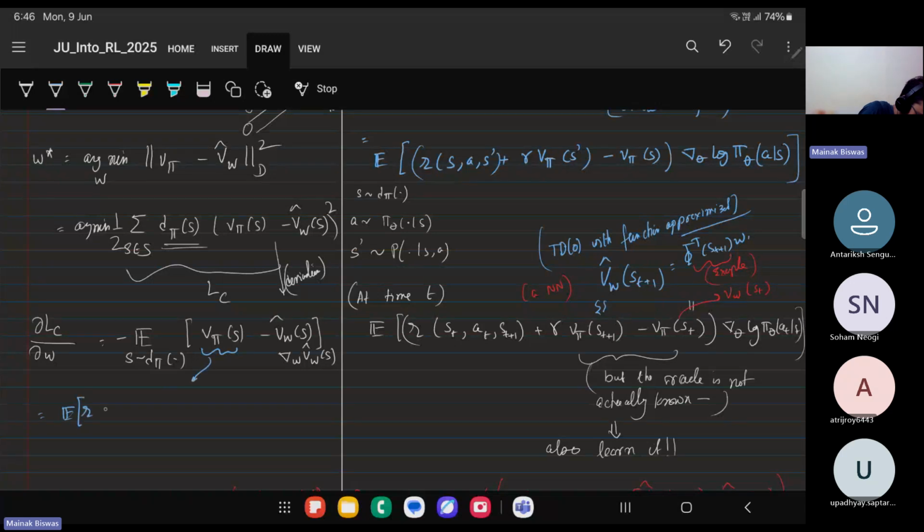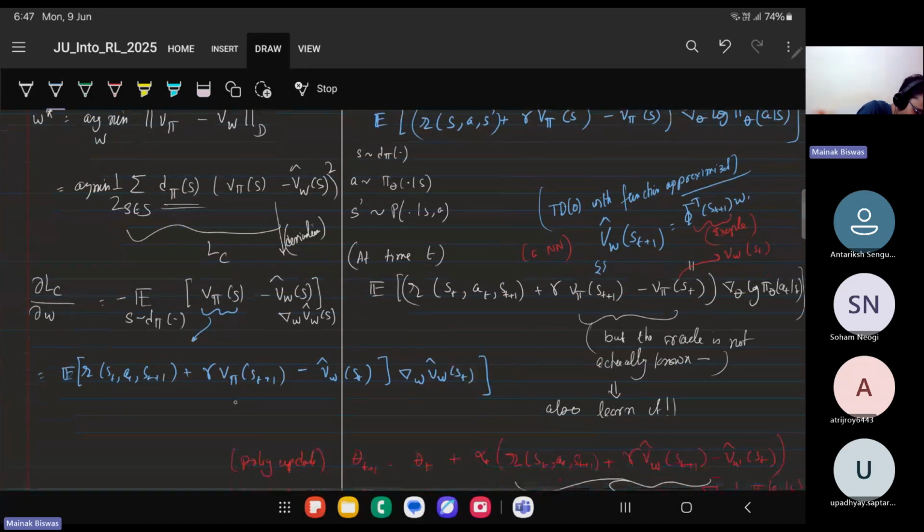This can be written as R(S_t, A_t, S_{t+1}) plus gamma times V pi of S_{t+1} minus V_w of S_t, times the gradient of V_w. So now this is approximated using V_w of S_{t+1}.